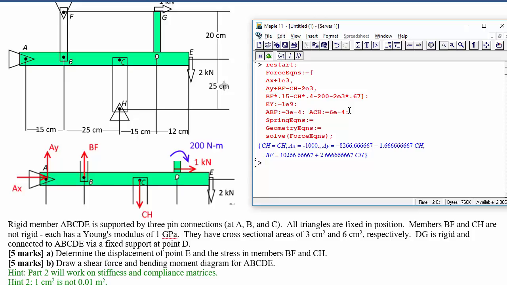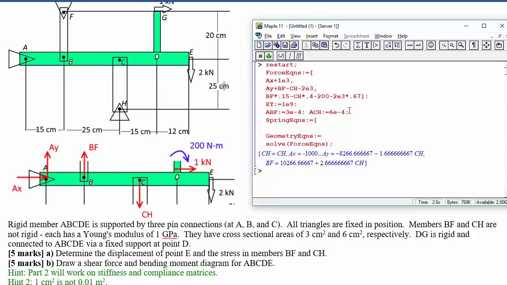Okay, so the spring equations are using Hooke's law. This is like stress equals Young's modulus times strain. So the stress is the force, BF, divided by the area, and that's equal to the Young's modulus times strain, which is the change in length, and we're going to write out what that is, divided by the original length, which is 0.2 for the length of BF there.